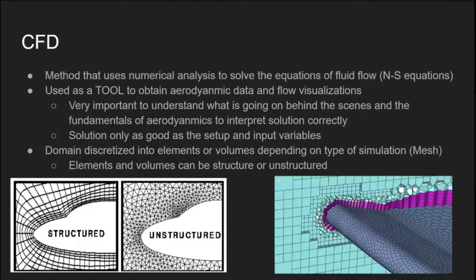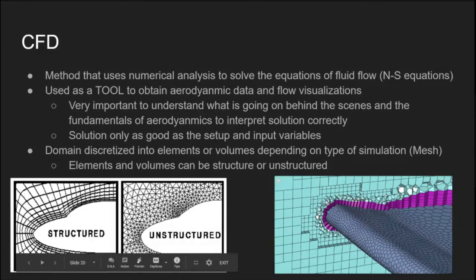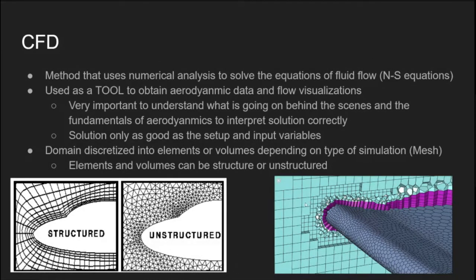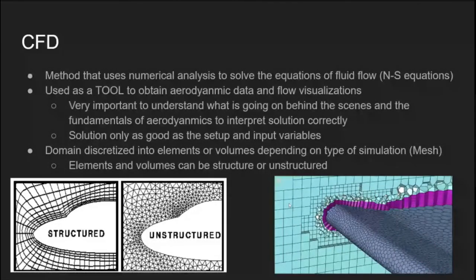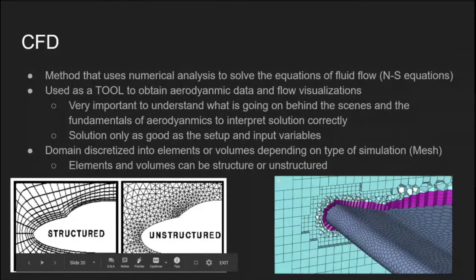Your mesh is the most important part, because inside each of these little cubes or little volumes, all of these equations are being run, right? Inside every single volume in your mesh, all those equations are being run. So the way your mesh is set up is really important, and how dense your mesh is closer to certain areas.